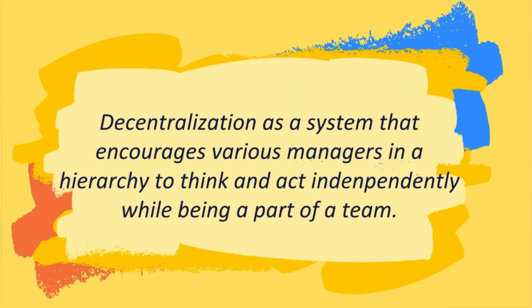So it may be useful to focus on what an organization wants to accomplish through decentralization. Then, according to this chapter, one employs a behavioral definition of decentralization as a system that encourages various managers in the hierarchy to think and act independently while being part of a team.